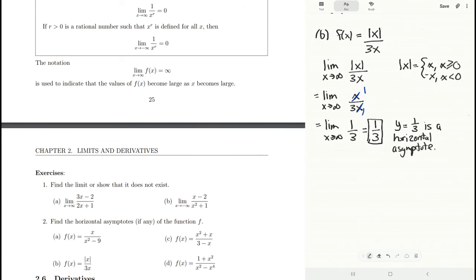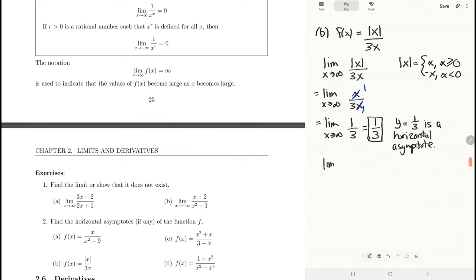So now let's also calculate the limit as x approaches negative infinity. So now what is the absolute value of x if x is a very large negative number? Well, the absolute value of x will be equal to negative x. So we have negative x divided by 3x.